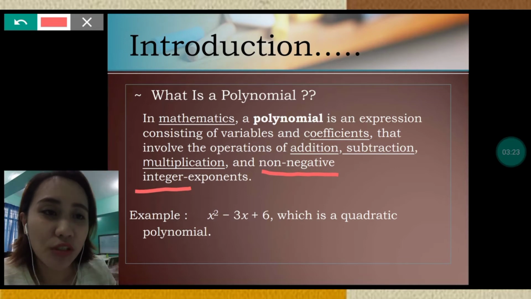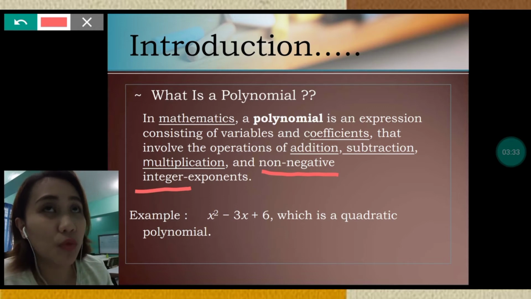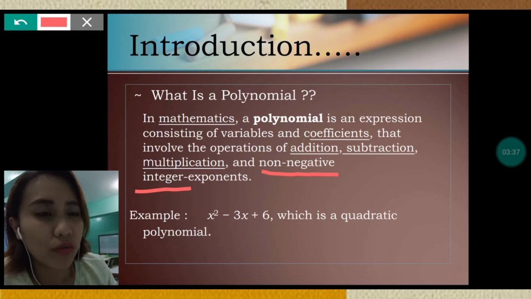But we take into consideration right now non-negative integers, meaning for polynomials, the exponents should only be the whole numbers 0 up to positive infinity. So below we have an example, x squared minus 3x plus 6. As we can see, the exponent there is positive 2, which is a non-negative integer.